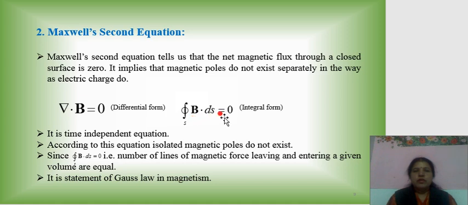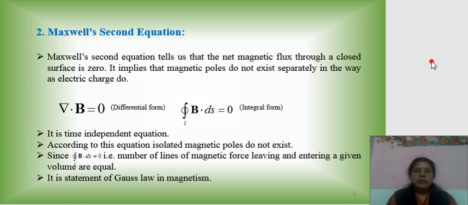It implies that magnetic poles do not exist separately in the way as electric charges do. Here this is differential form. Del dot B equal to 0 or divergence of B equal to 0 means the magnetic flux through the closed surface is equal to 0. It is a time independent equation.